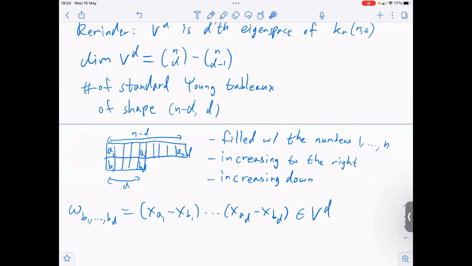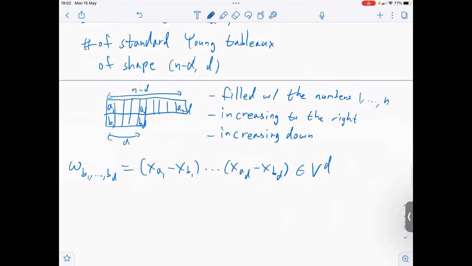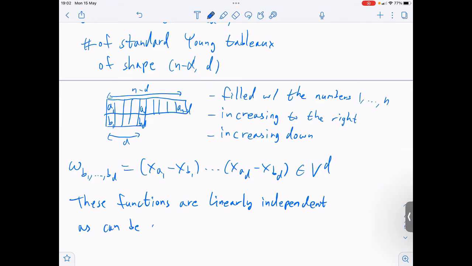And with respect to the same order, this will be a Gröbner basis. So these functions are linearly independent, as can be seen via the coefficient matrix.